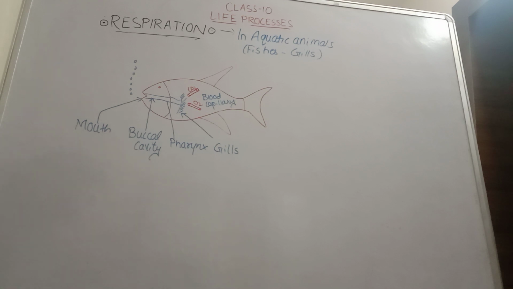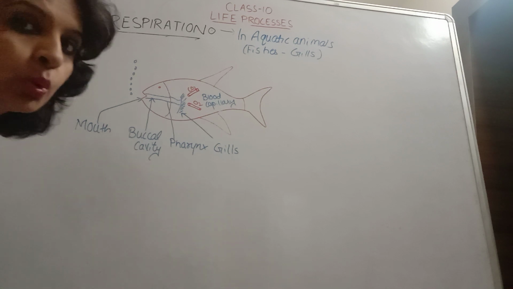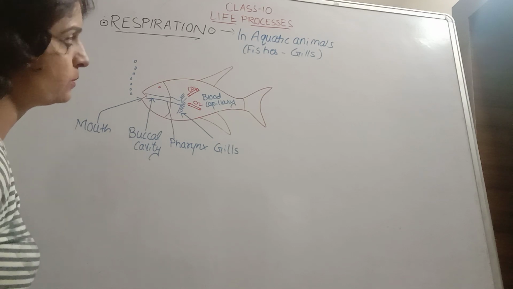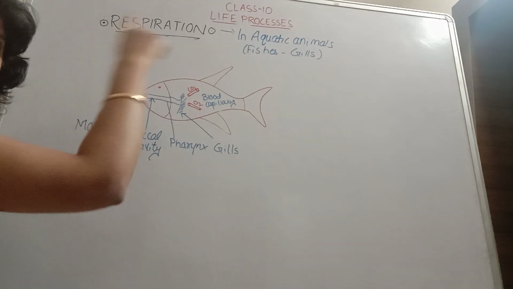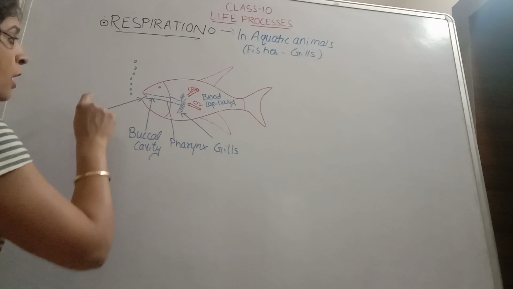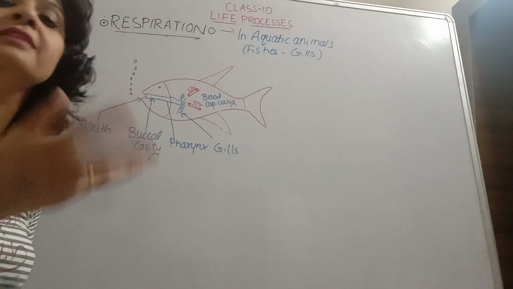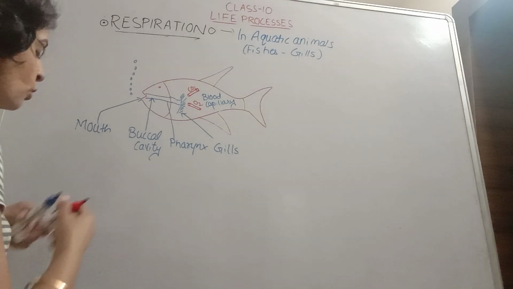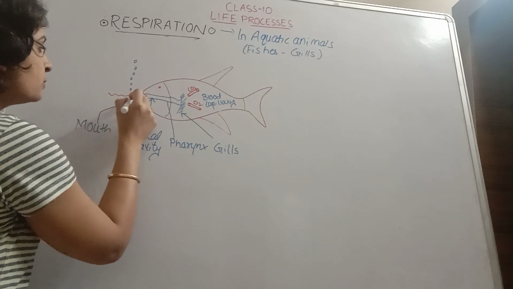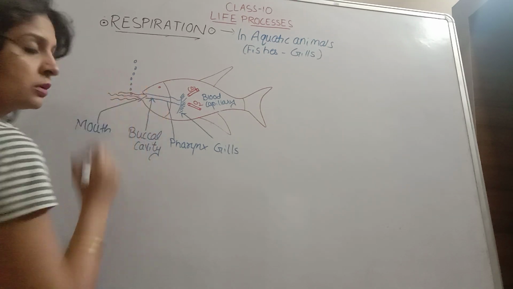And the respiration through the gills is known as branchial respiration. In this fish, the water which has oxygen in a dissolved form moves inside.